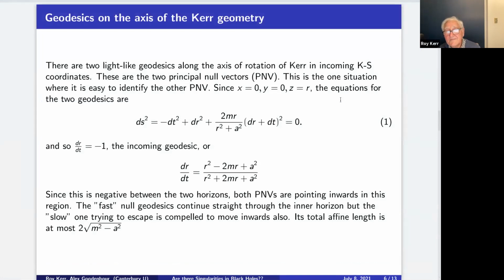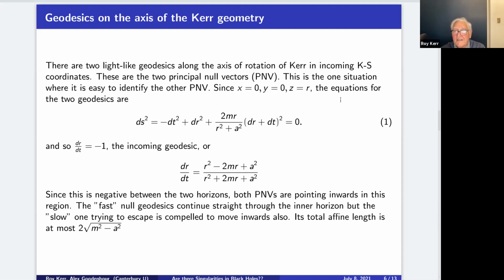Okay, now, those are effectively the two sets of principal null vectors. Now, one of them is obviously obvious in the form that I originally gave the metric, because that's the principal null vector that was displayed in the coordinate system.